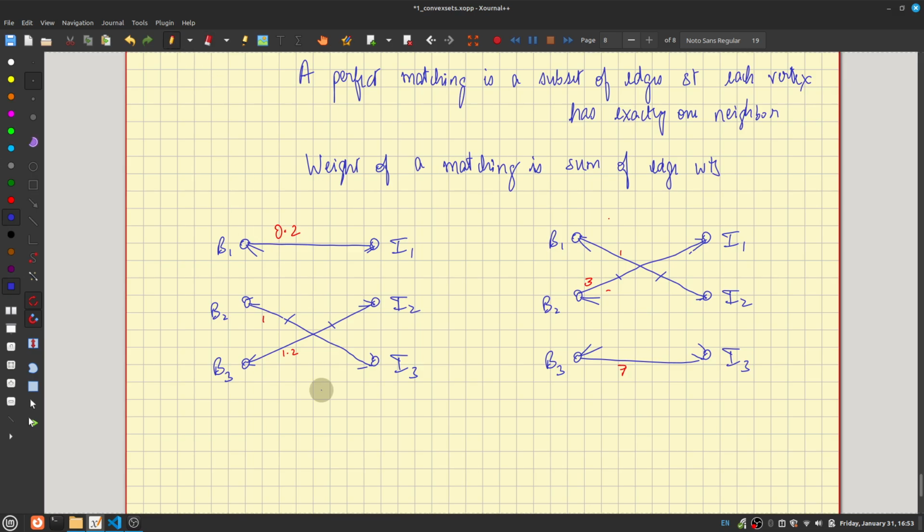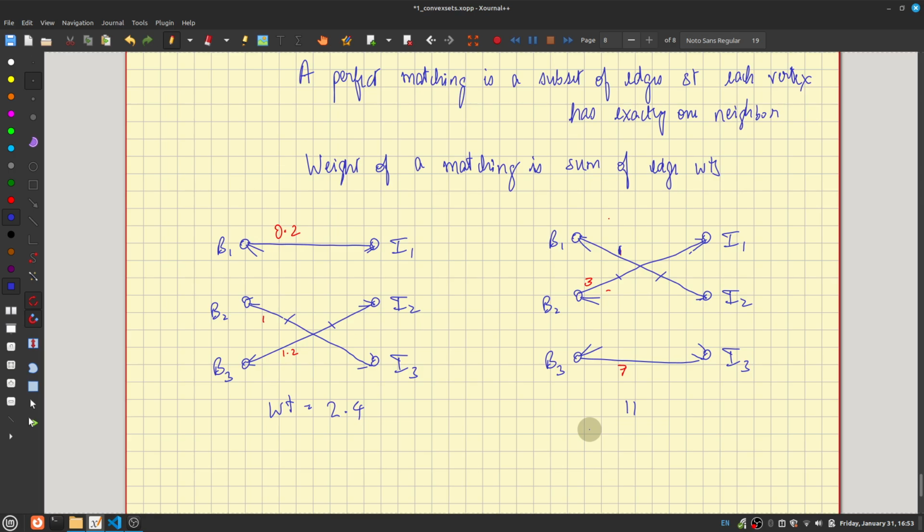What is the weight of the first matching? It is just 0.2 plus 1 plus 1.2, which is 2.4. Right? What is the weight of this perfect matching? It is 7 plus 3 plus 1. That's 11, right? So obviously the second perfect matching is better than the first because it gives me a higher weight. My goal is to choose a perfect matching which maximizes the weight.